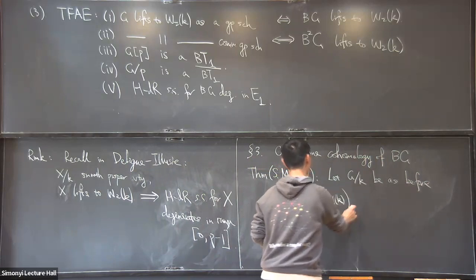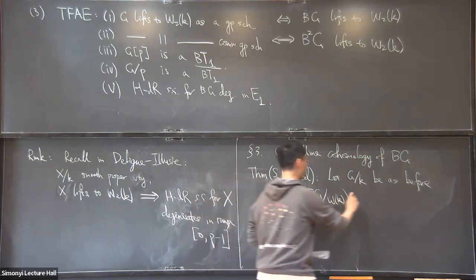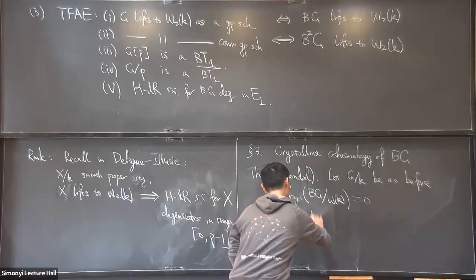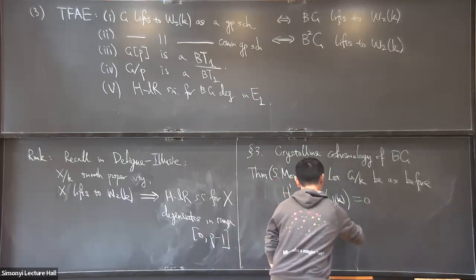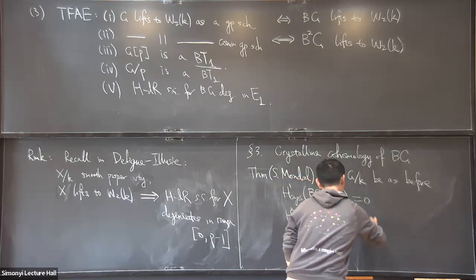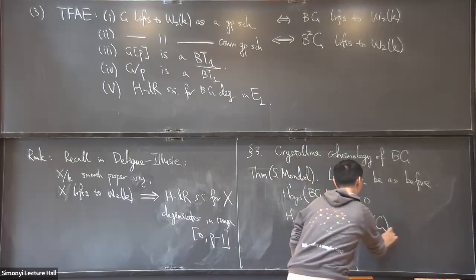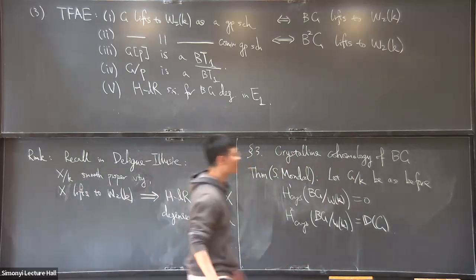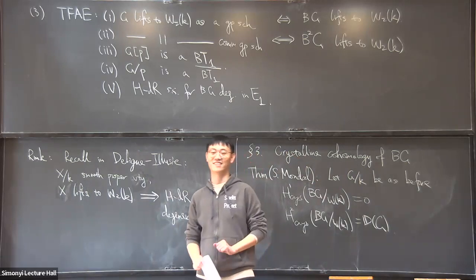Now this is some WK module. So if you do H1, it will just be 0. And if you do H2 crystalline of BG over WK, then this is the Dieudonné module of G. G is, as before, commutative.